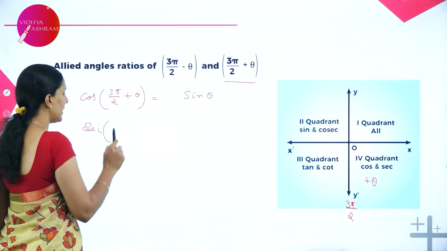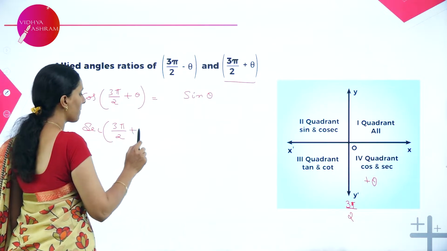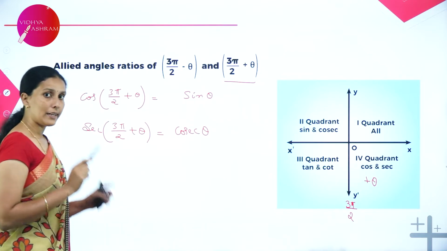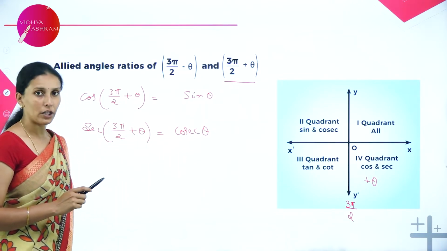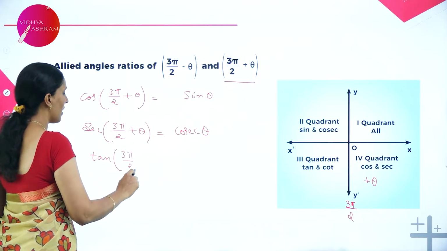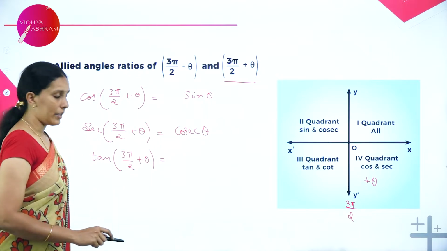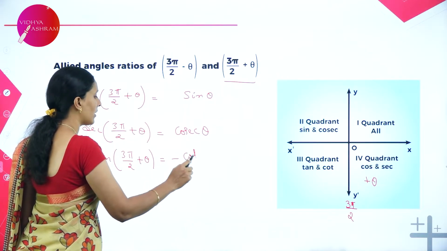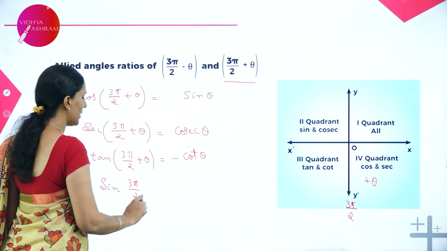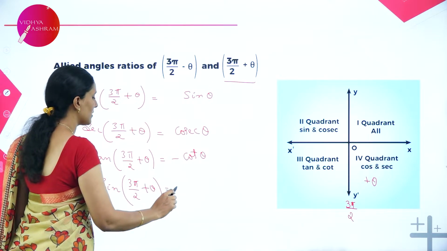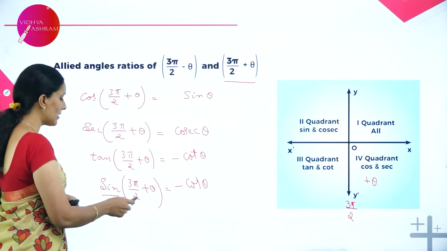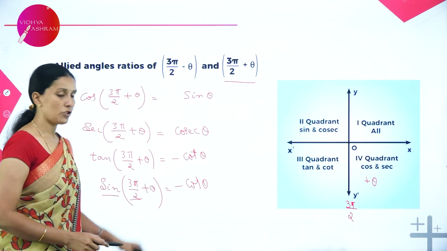Suppose I take secant of 3 pi by 2 plus theta, then it is cosecant theta, positive because secant is positive in the fourth quadrant. Suppose I take tan of 3 pi by 2 plus theta, then it is minus cot theta. Similarly, if I take sin of 3 pi by 2 plus theta, then it is minus cos theta, because sin is negative, and since we are using 3 pi by 2, the function changes to cos.